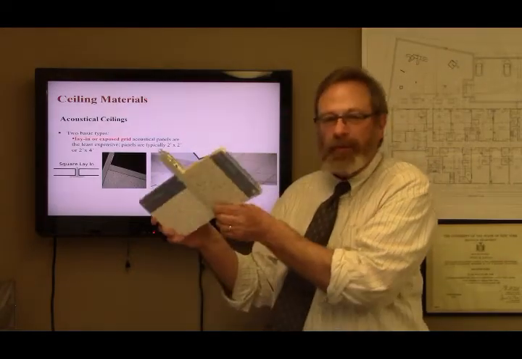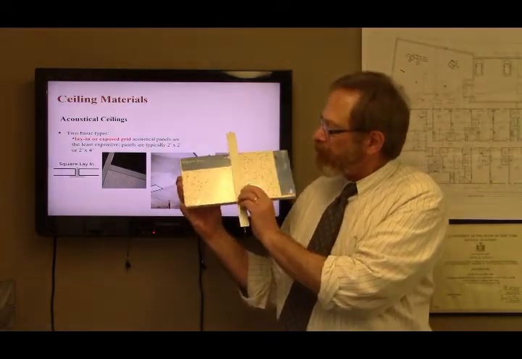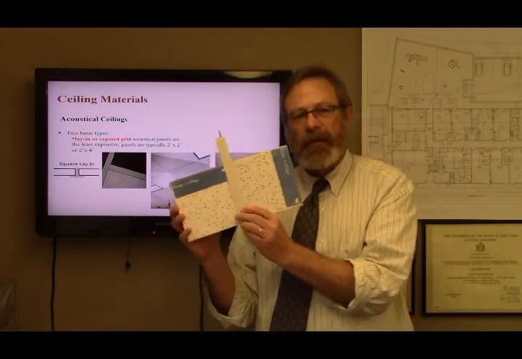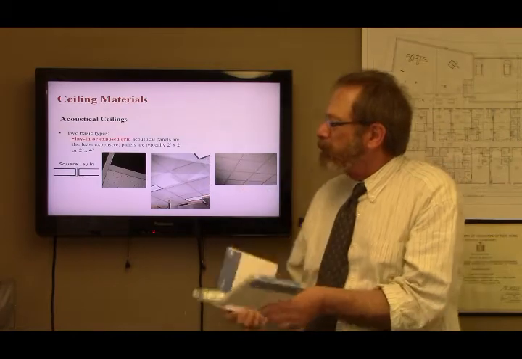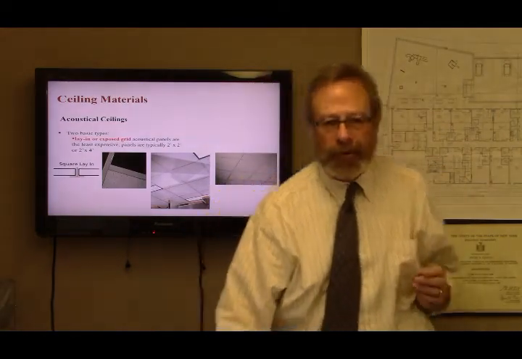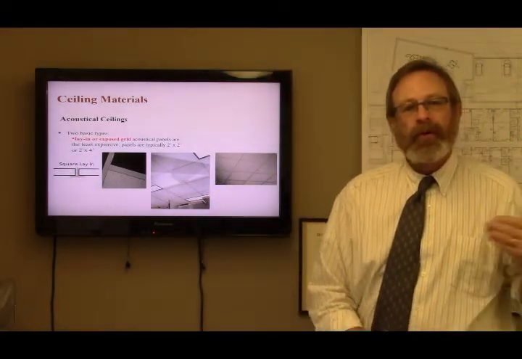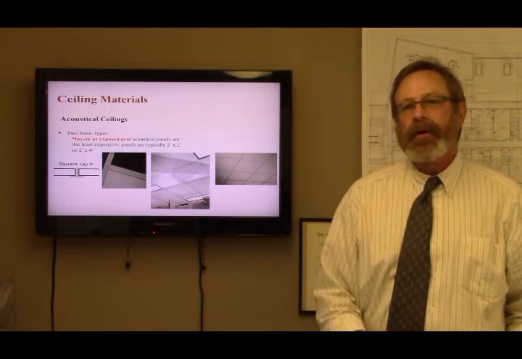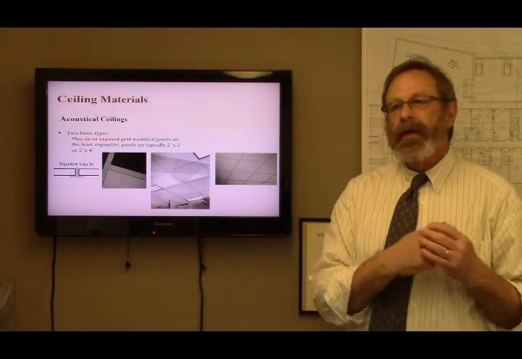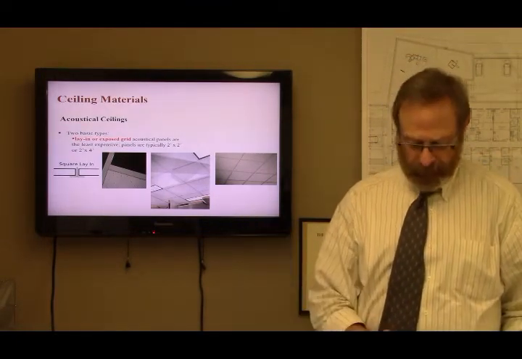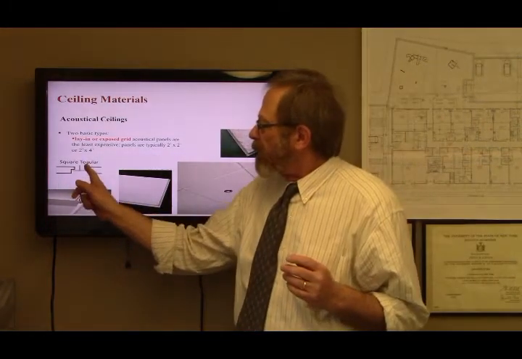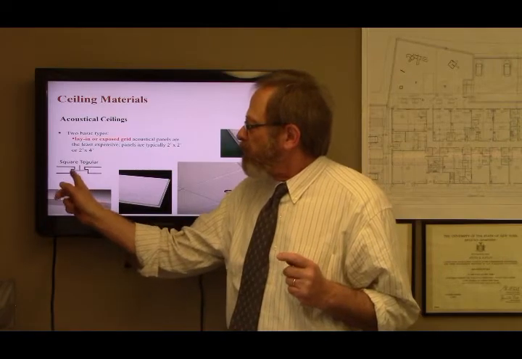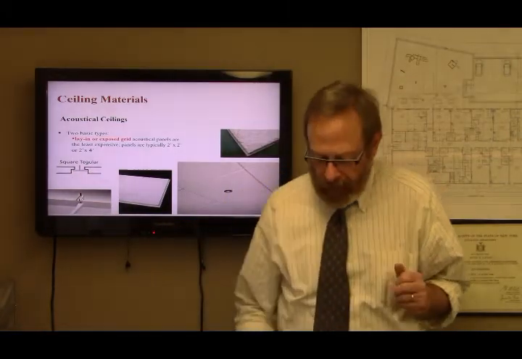It's what we see in most classrooms. It's simple and effective. The panels, again, 2x2, you can see here and there, and also available in 2x4. You can also do a combination of 2x2 and 2x4 in a room if necessary.